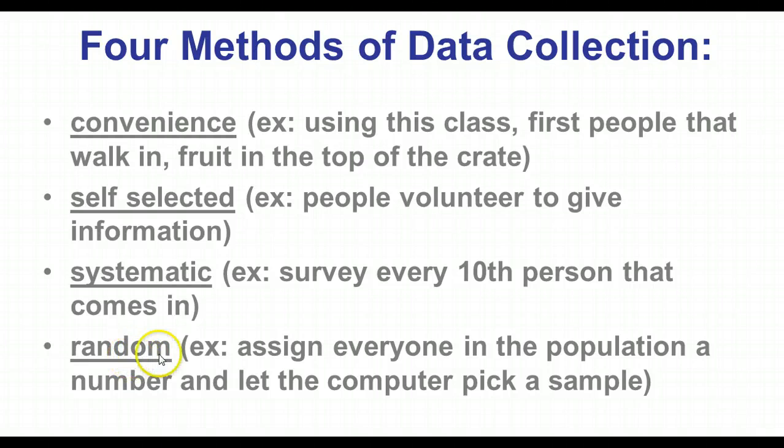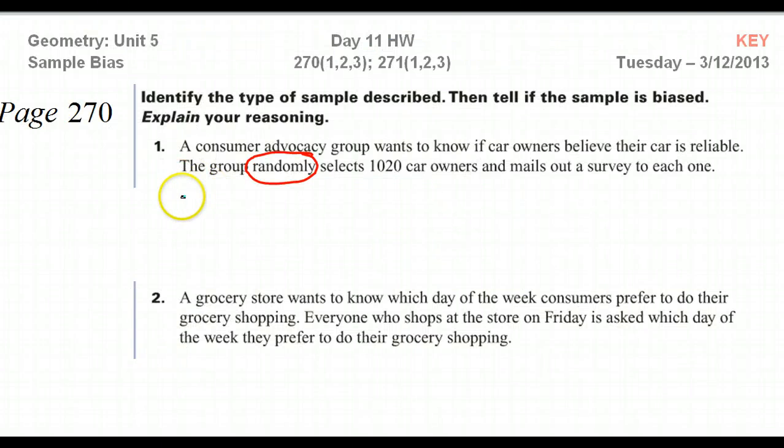And random sampling is the one that is going to be the least biased. So we're definitely going to say unbiased. Okay, so this is random sampling. It will be unbiased.